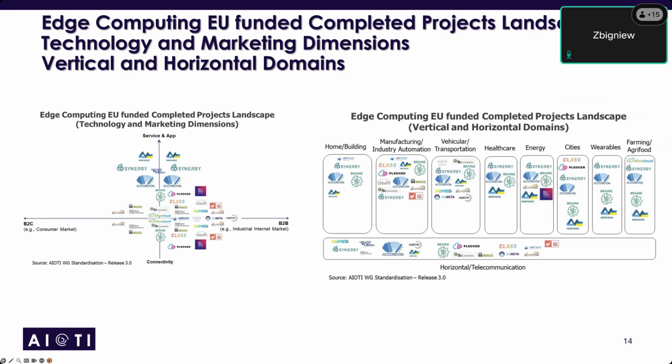Also, edge computing projects that work mainly on the edge computing subject also have use cases in IoT verticals and are quite spread between the verticals. So different verticals are also the subject as use cases for applying edge computing systems. Next slide, please.